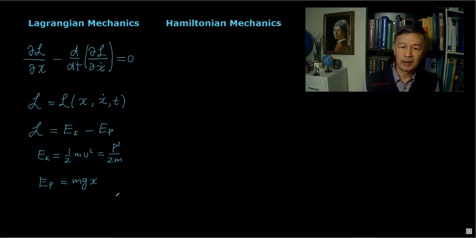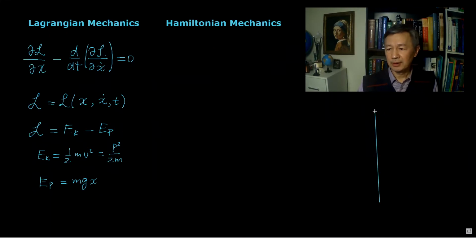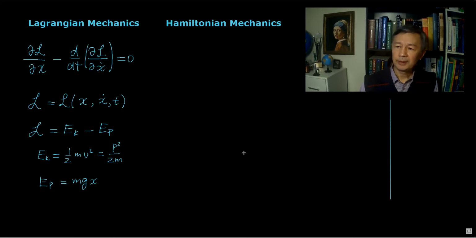mgx. Okay, in order to use this coordinate, we have to draw this diagram here. So this is a diagram I'm going to use to explain this. So this is ground. The vertical axis is our coordinate.